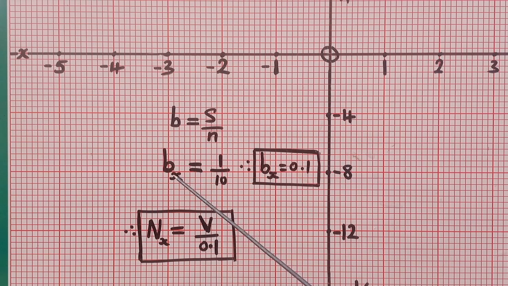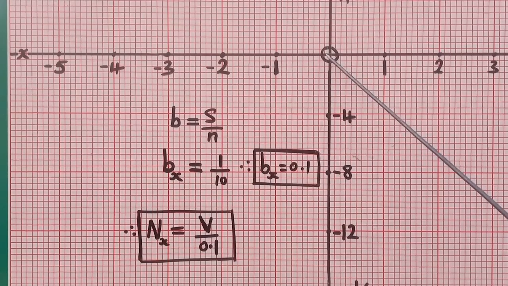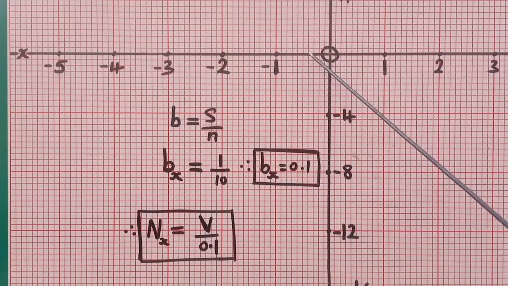That is why I brought this x here to be its subscript. I hope you understand now. So bx is equal to 1 over 10, and therefore bx is equal to 0.1. It therefore means that any small box here is equal to 0.1 unit.